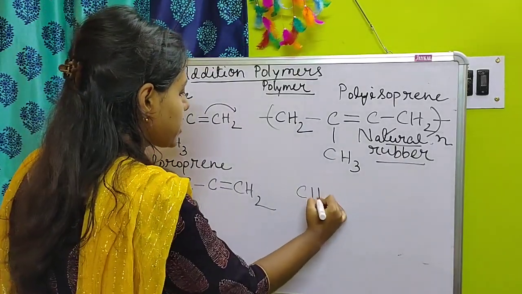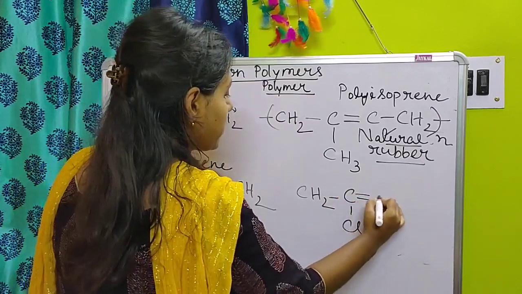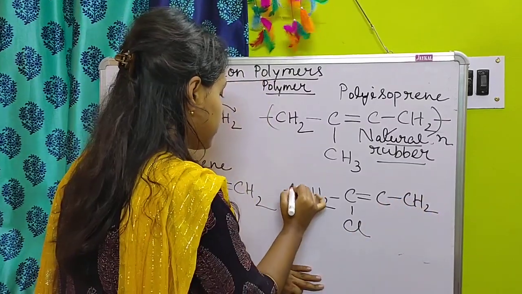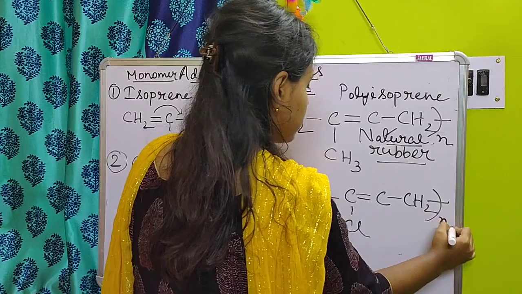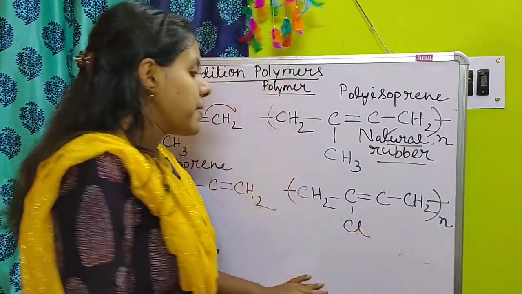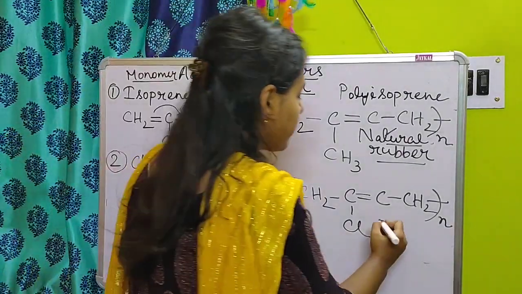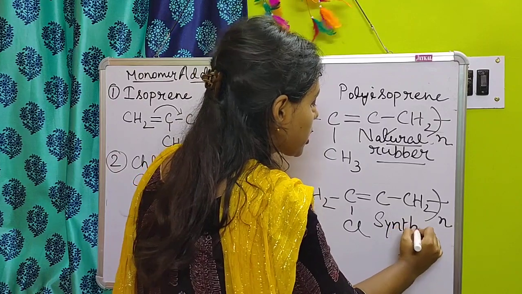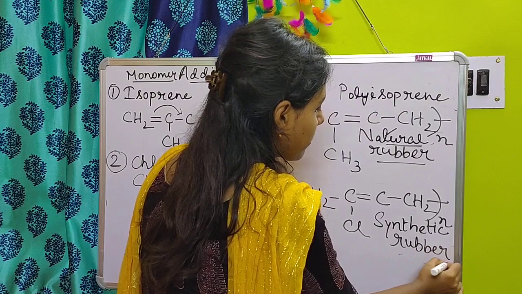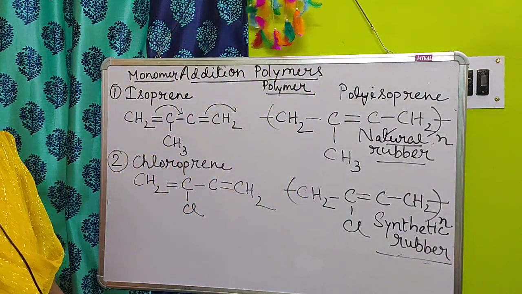So here we get this structure: CH2 single bond carbon, single bond Cl, double bond carbon, single bond CH2. The name is polychloroprene, and the common name used is synthetic rubber.